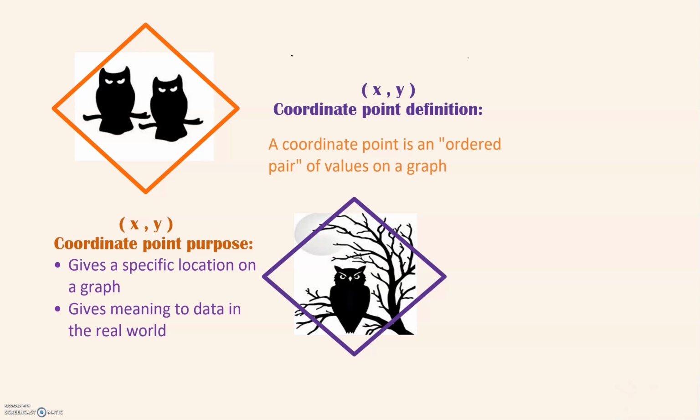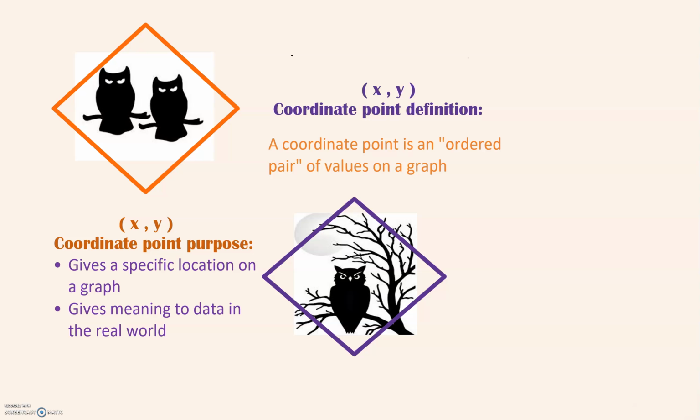We're giving the address of where we are going on a graph. And in the real world, what that does is it gives meaning to the data. If there's data collected in the real world, like how much something costs and how much you're going to buy with it, we can actually graph that.